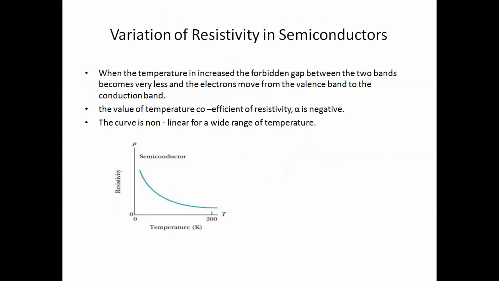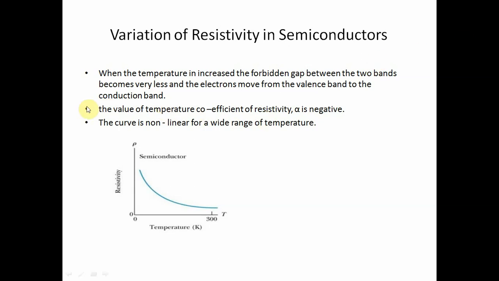Now in the case of semiconductors, when temperature increases, the forbidden gap between the two bands becomes very small, and electrons easily jump from the valence band to the conduction band. When they are able to jump from the valence band to the conduction band, the conductivity increases.